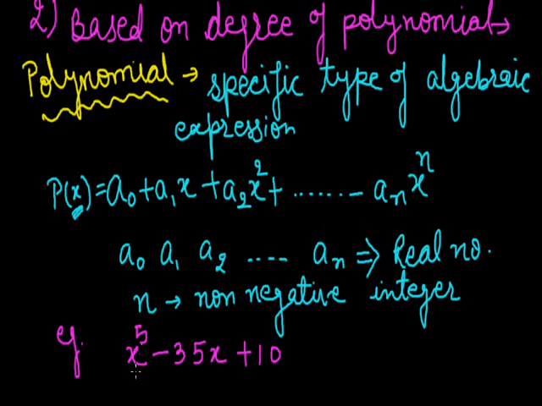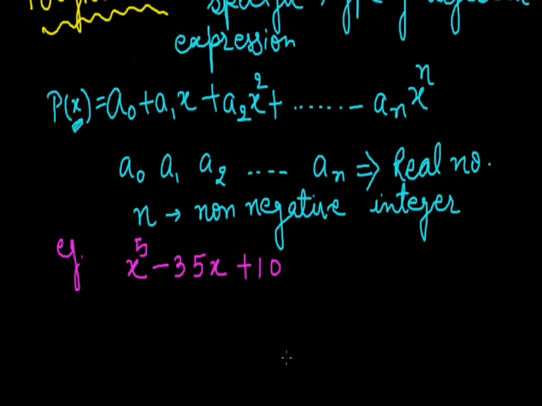Here it is 5, in this case it is 1, and in the third term there is no variable, so we can write it as x raised to 0. Again it is a non-negative integer, and all the constants a0, a1: here the constant is 1, in this case the constant is minus 35, and finally the constant is 10. So it is a polynomial.